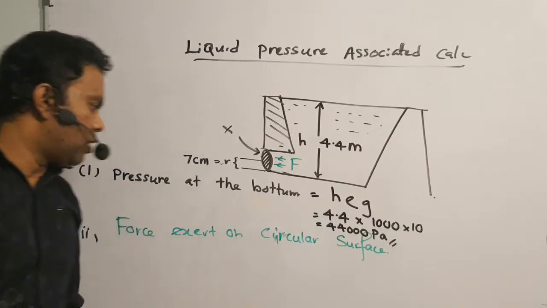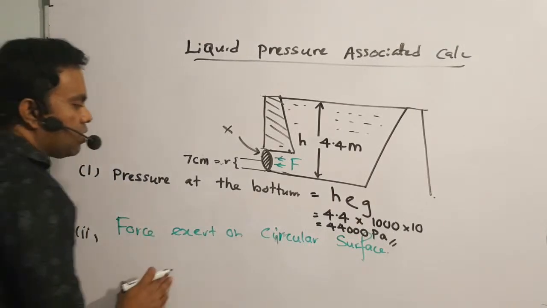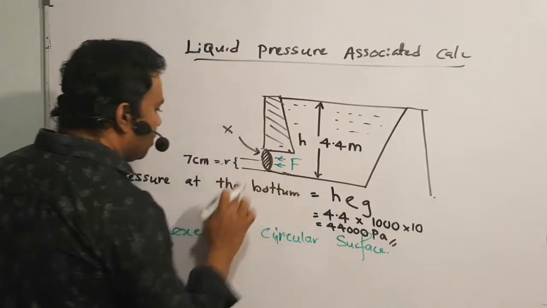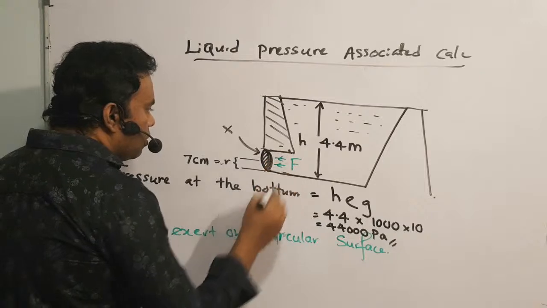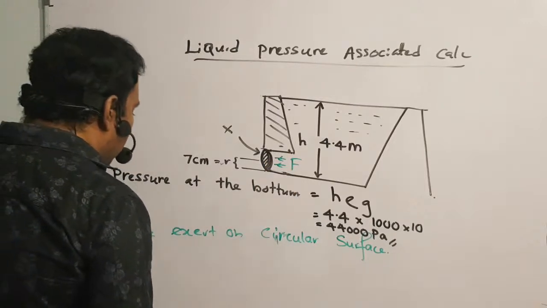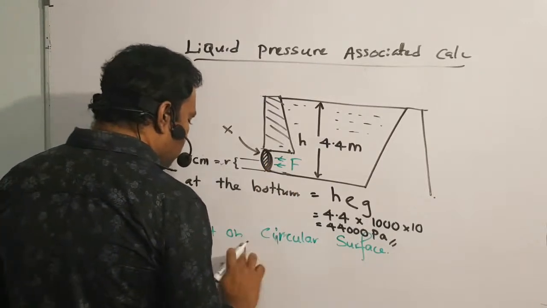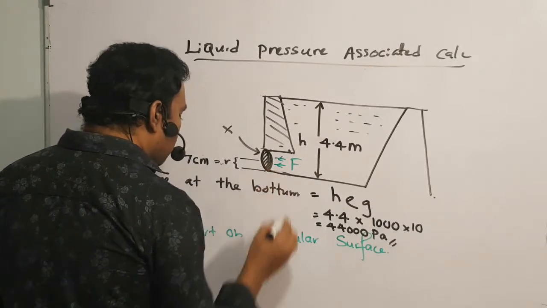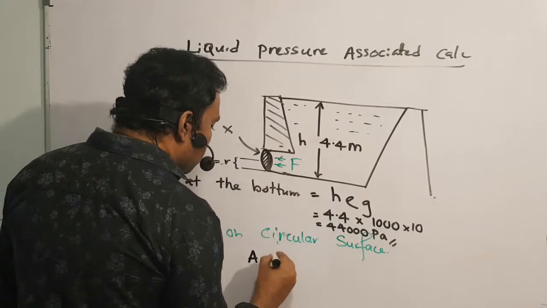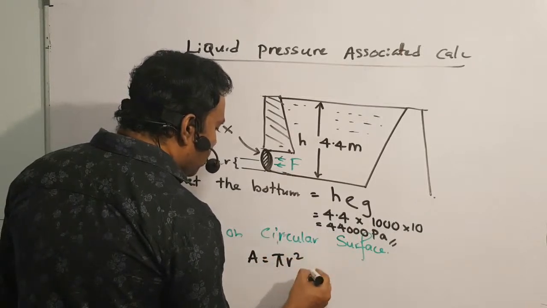Force exerted on the circular surface. First of all, you have to calculate the area of the circular plane, which equals pi r squared.